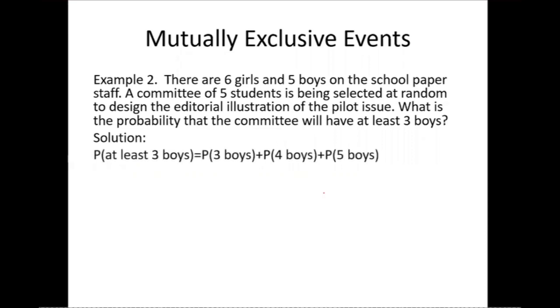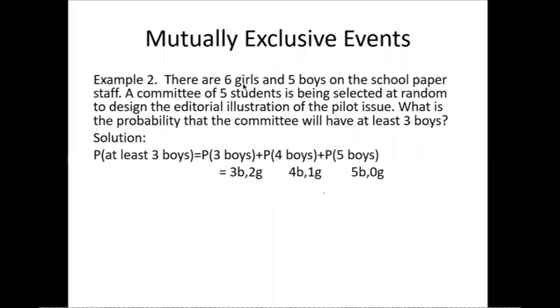Okay, for the solution, we have the probability of at least 3 boys. So that is the sum of probability of 3 boys plus probability of 4 boys plus probability of 5 boys. Kasi at least 3 boys dito. So we have the 3 boys, comma, 2 girls.